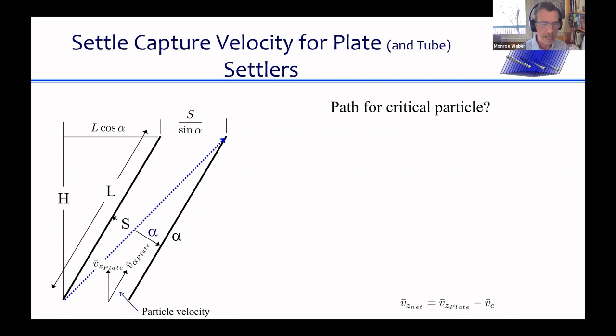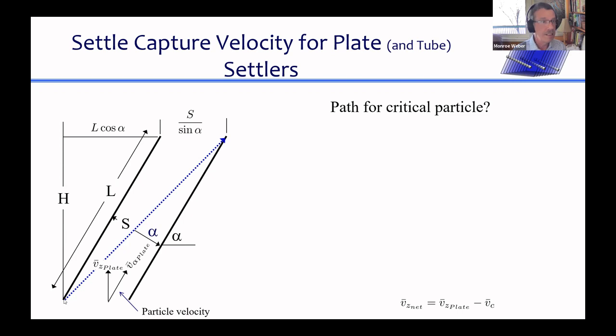Compare the width between the two bottom points of the plate settlers. Compare that width with the perpendicular width, S. Which one's greater, S or S over sine alpha? The opening at the bottom.